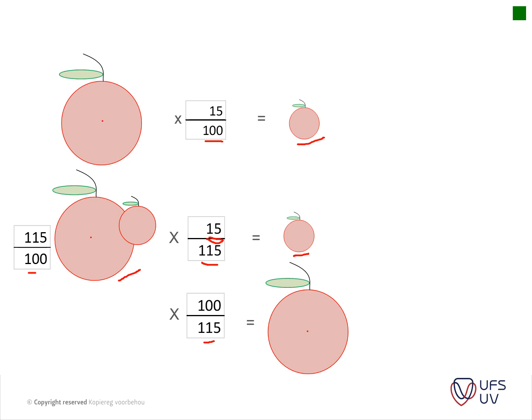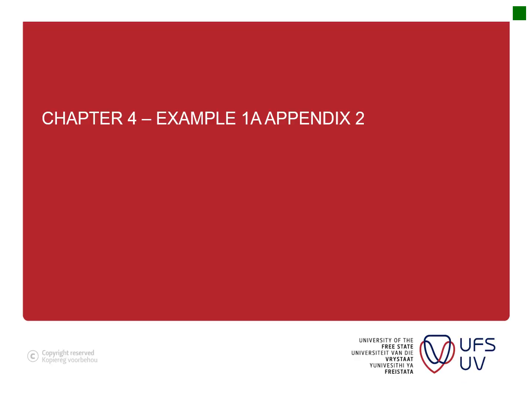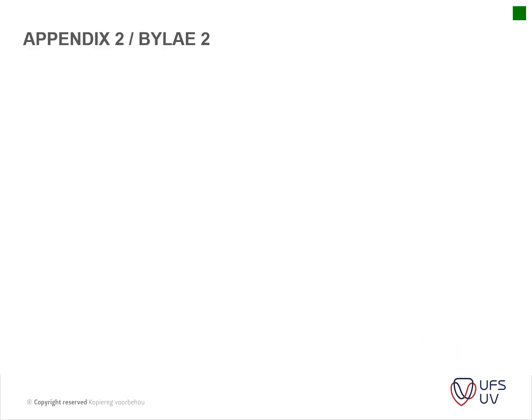Okay, cool. So let's get into Appendix 2, and you will see we're going to look at the story enclosure method. That's explained in the next slides. Okay, I want you to go to your annexure or Appendix 2 and your example 2.